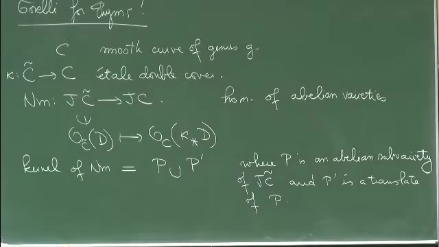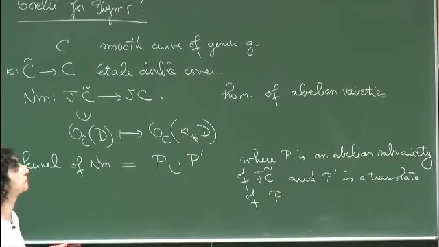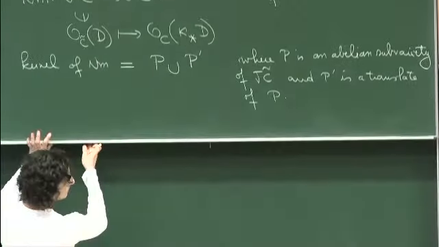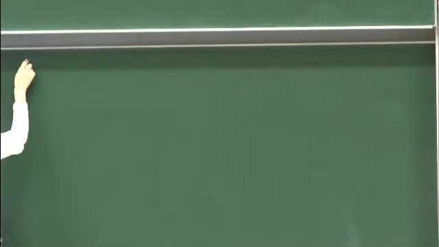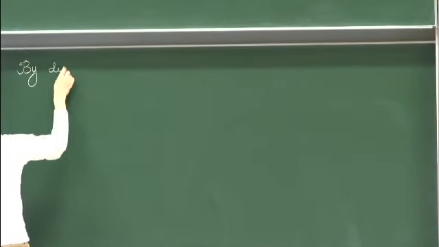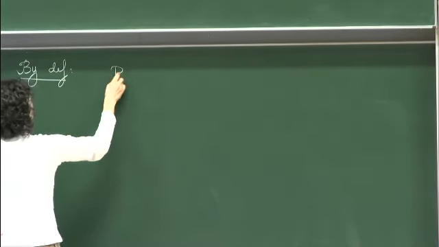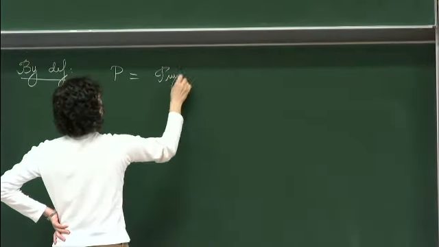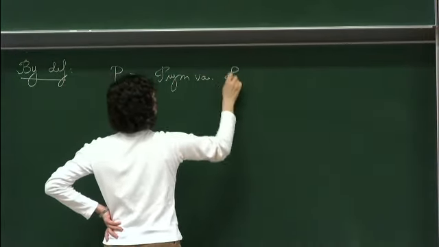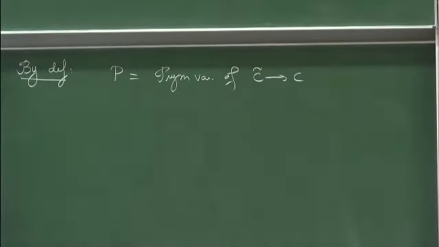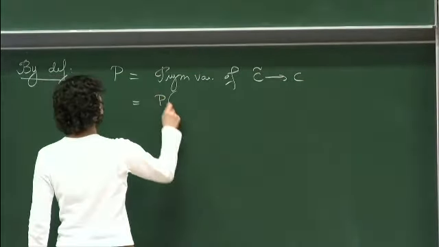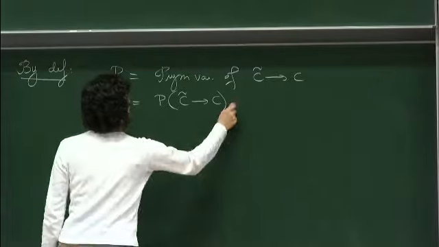And by definition, we call this P the Prym variety of the double cover. I will also denote it like that.